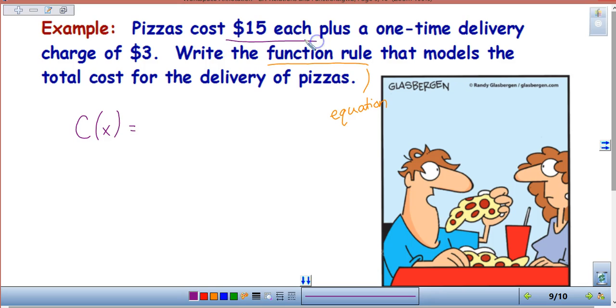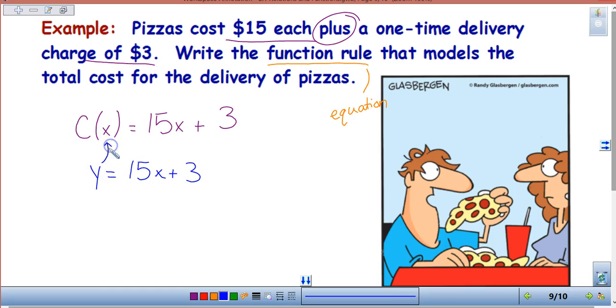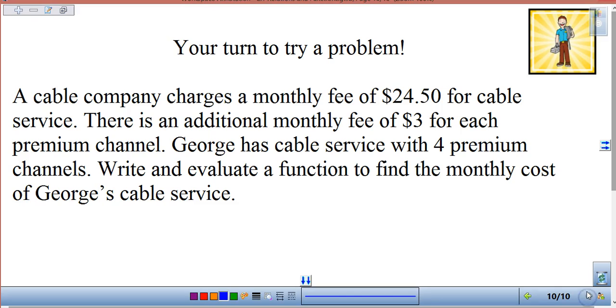Well, it's $15 each, so that's my 15x. And then plus, and then a one-time charge of $3, so I don't need a variable behind that. We just say the $3 for delivery, and we are done. So again, in the past, you probably would have said y equals 15x plus 3, but now we're going to use that fancy notation instead.